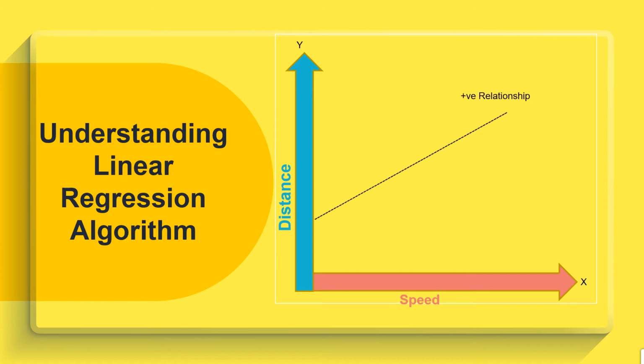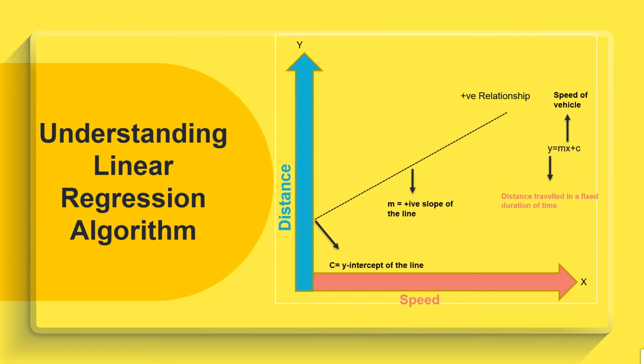So the equation of the line is y equal mx plus c. In this case, y is the distance traveled in a fixed duration of time, x is the speed of the vehicle, m is the positive slope of the line, and c is the y-intercept of the line.